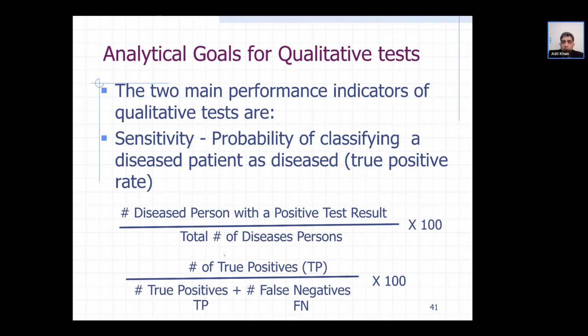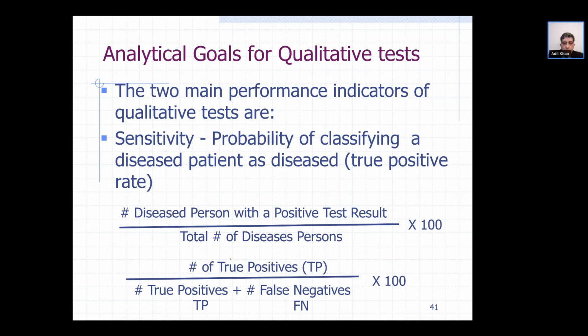Regarding the analytical goals for qualitative tests, the two main performance indicators of qualitative tests are sensitivity, that is the probability of classifying a diseased patient as diseased.